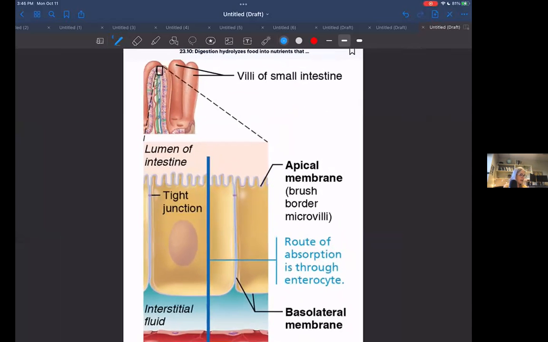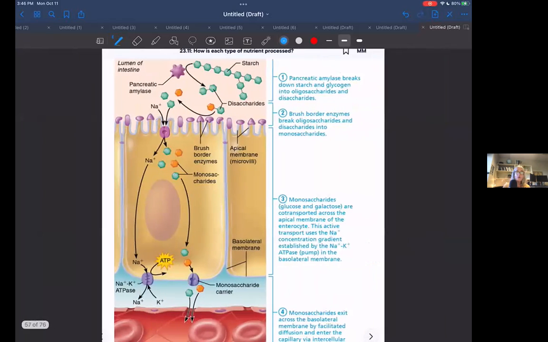So notice that most of the stuff has to go through the cell. How does that work? Well, when we look at carbohydrates like glucose and fructose, remember that starch and disaccharides have to be broken down into their components. Here we see the monosaccharides, glucose in green and fructose in purple.